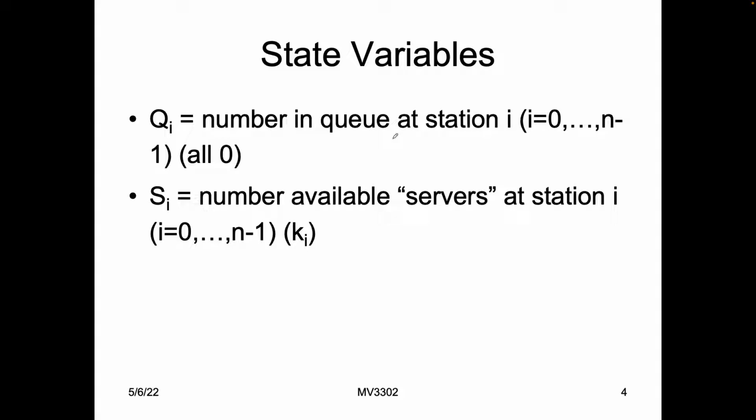We need to be careful about this particular one, because this is modeling the arrival of a customer to that ith workstation. And if we start putting a loop on that, a self-scheduling edge, then we could be in a little bit of trouble.